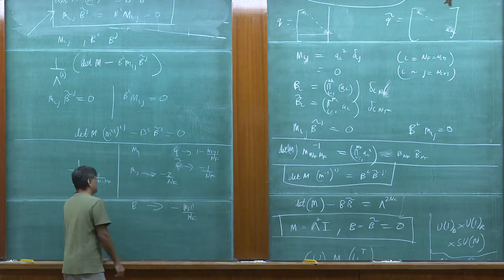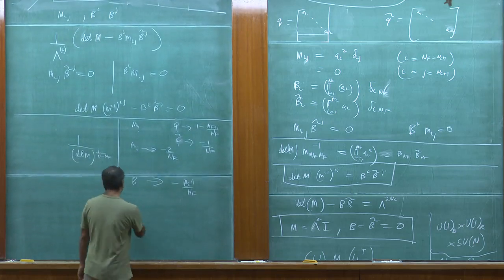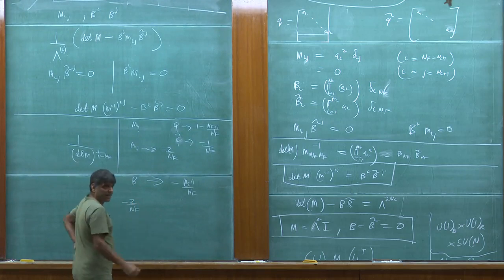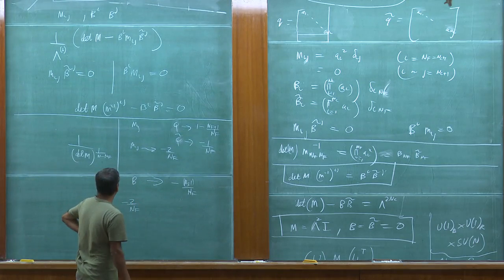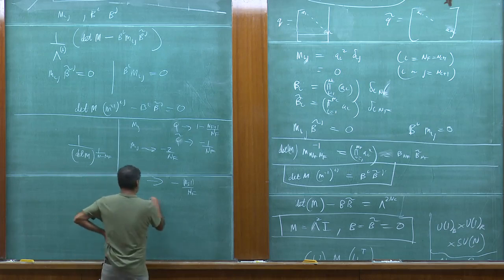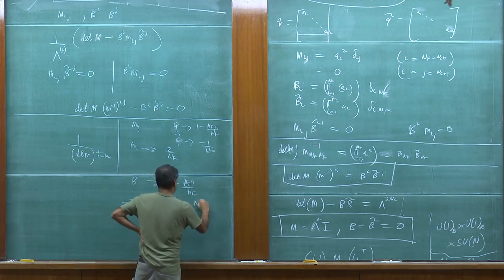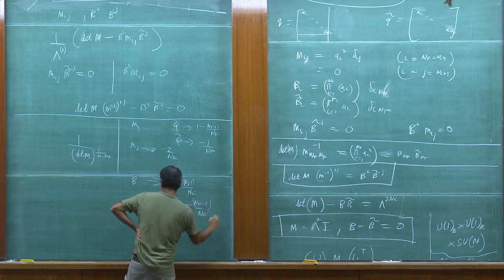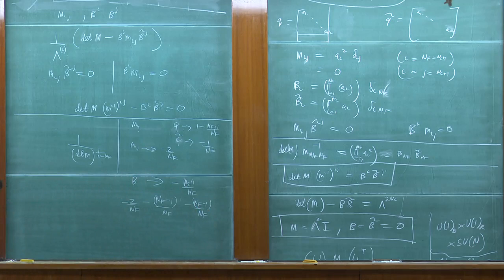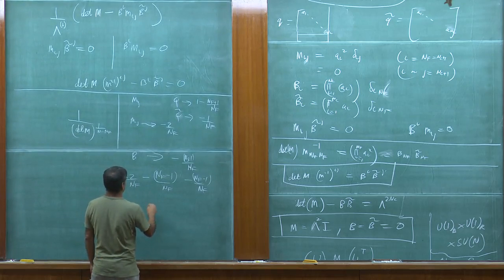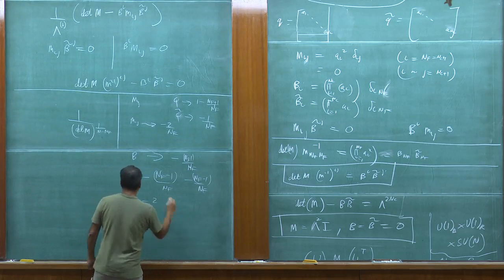So if we add the charge of M with that of B with B tilde, we get minus 2 by NF, minus NF minus 1 by NF minus NF minus 1 by NF, which is equal to minus 2.